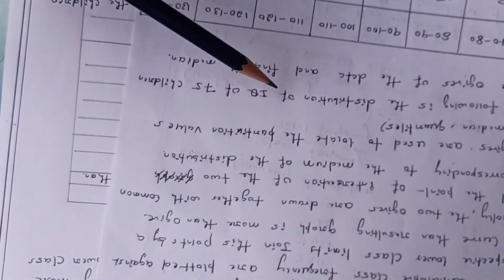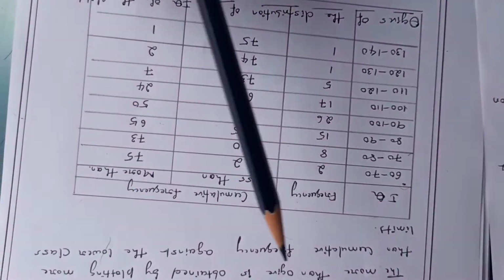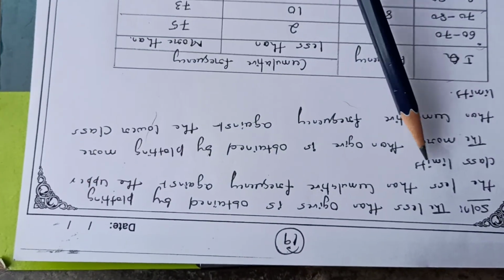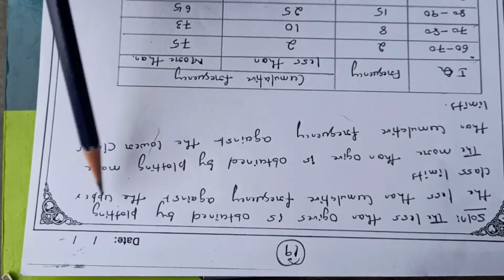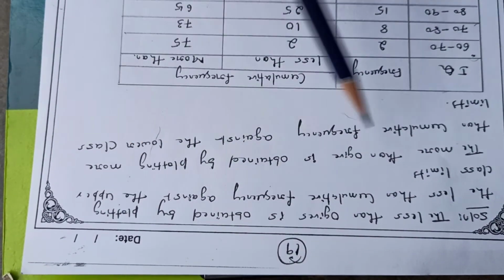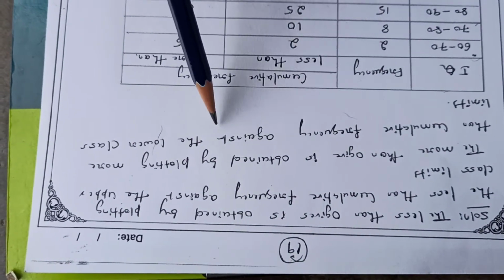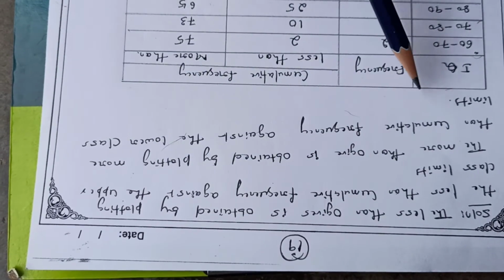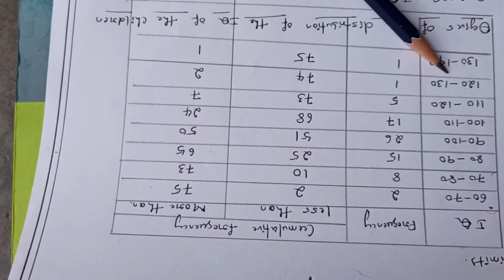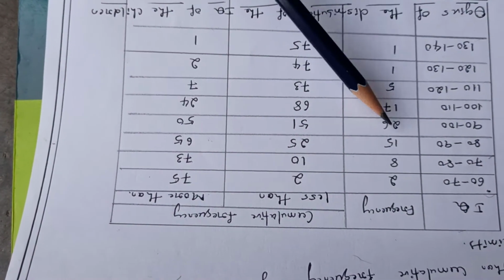For this example, the less than ogive is obtained by plotting the less than cumulative frequency against the upper class limits, and the more than ogive is obtained by plotting more than cumulative frequency against the lower class limits. These are the IQs, that is the class intervals, and this is the given frequency.